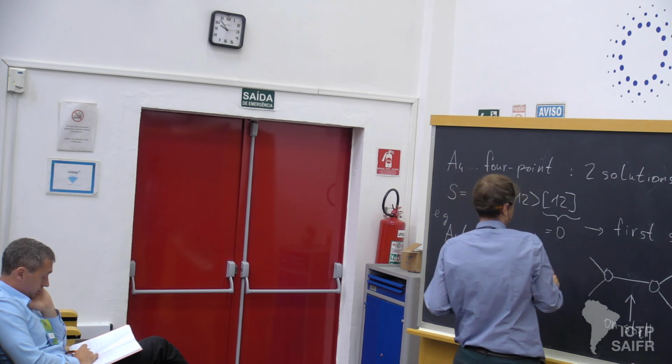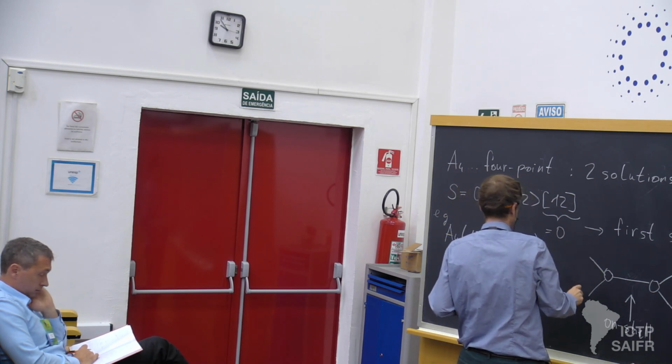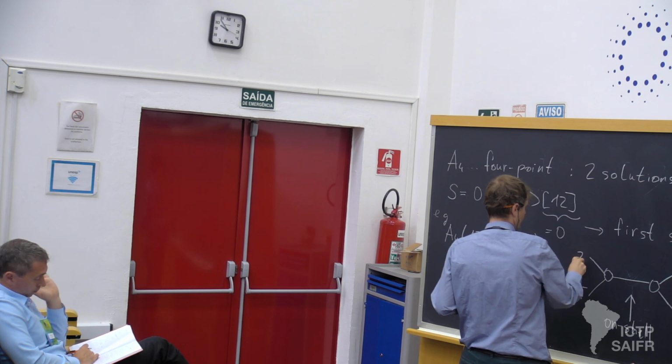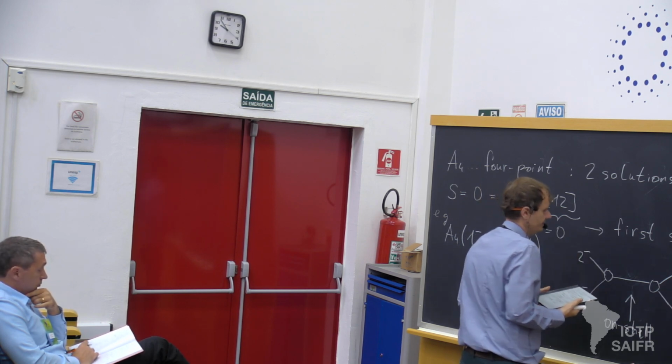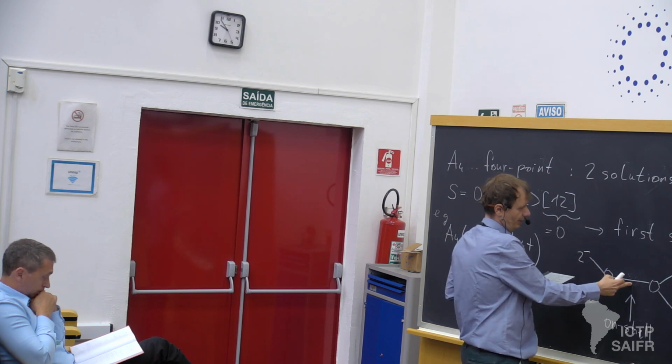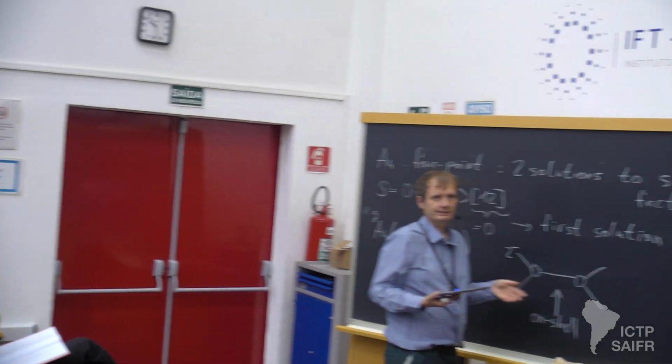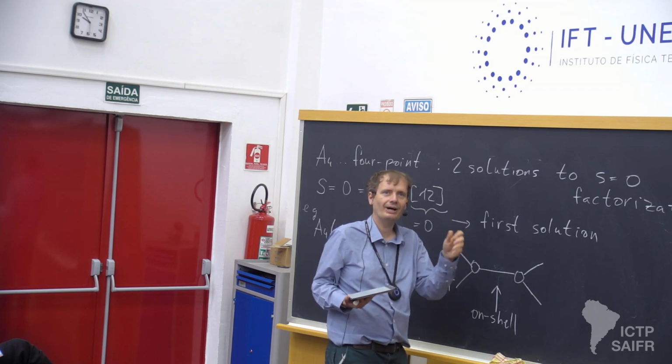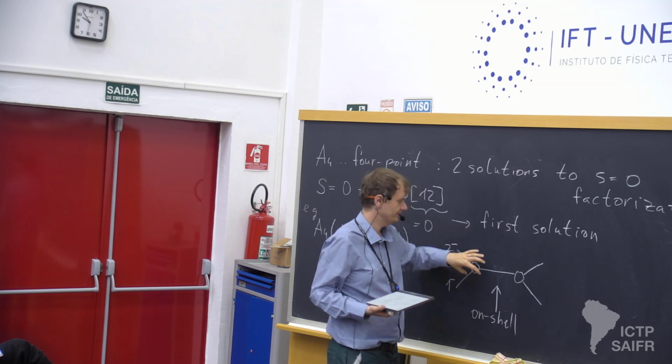Then we are sending S to 0. So (P1 plus P2) square is 0. So this is exactly the momentum of this internal particle. It's P1 plus P2, or minus P1 minus P2, the opposite sign.